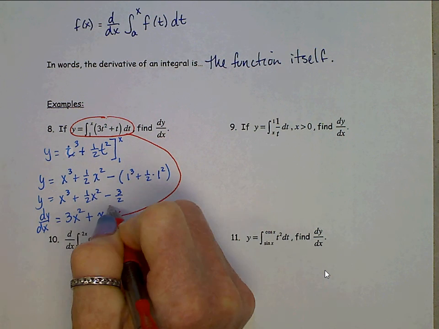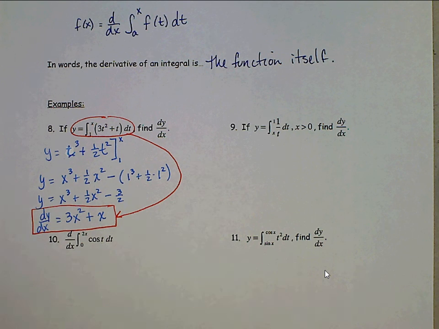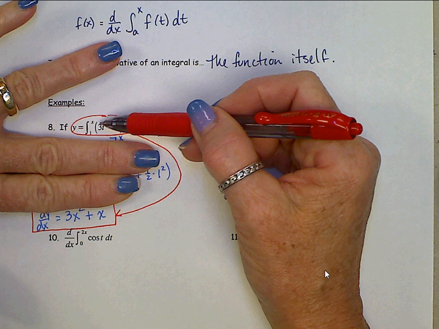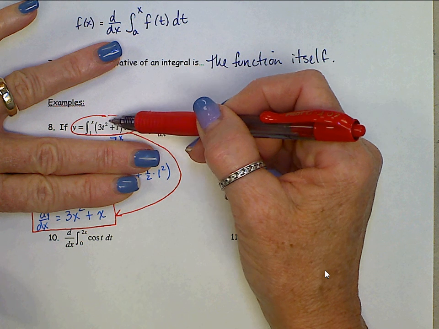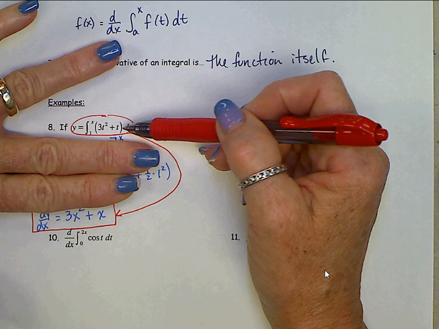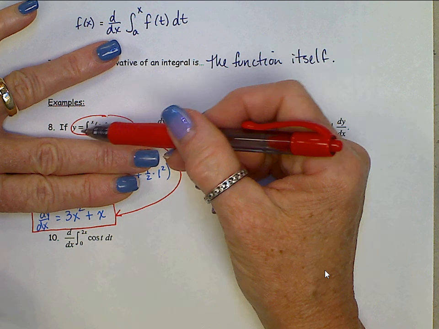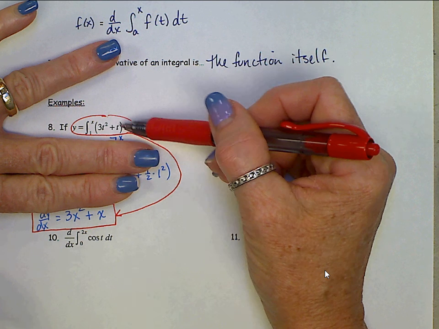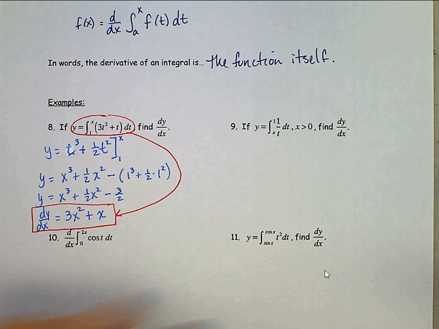Down to the answer. What do you see? Hopefully you see that all we did was take out this t and replace it with an x. So that's 3x squared plus an x when we did the derivative of this integral. When you do a derivative of an integral, you can just take this x and replace it in place of the t's. Be very, very careful.